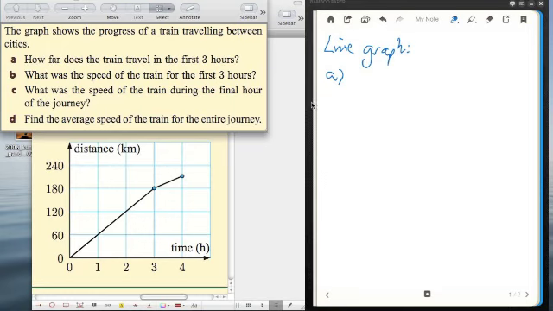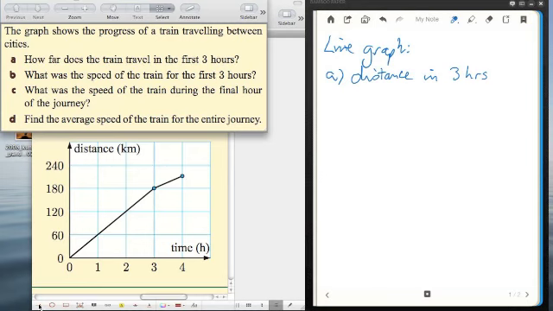How far does the train travel in the first 3 hours? This graph down here is all about the progress of a train traveling between cities. Now, we need to see how far the train travels in 3 hours, so we're looking for distance in 3 hours.